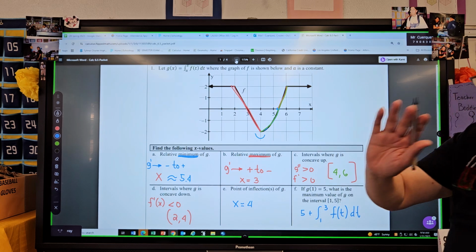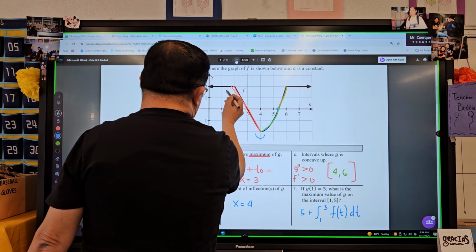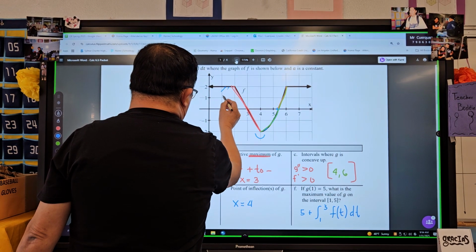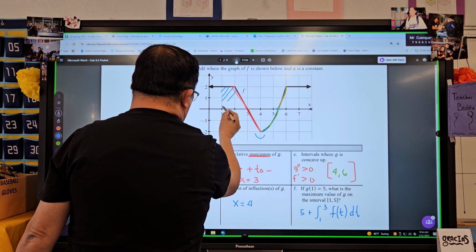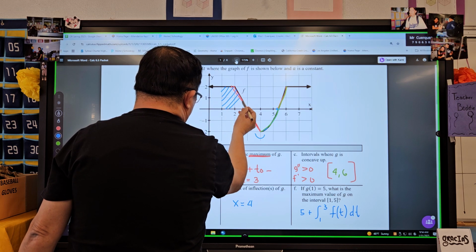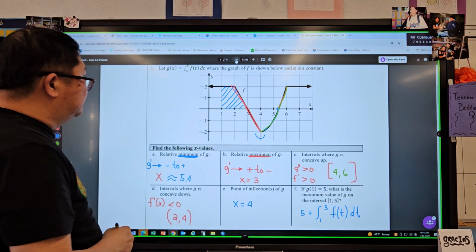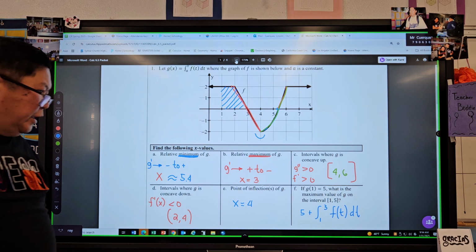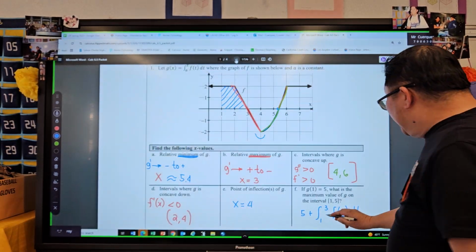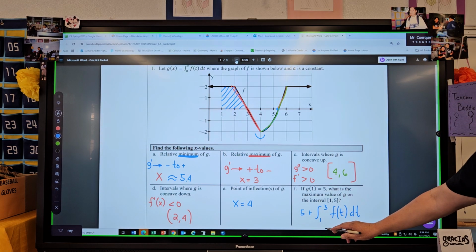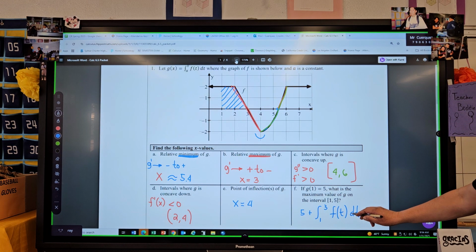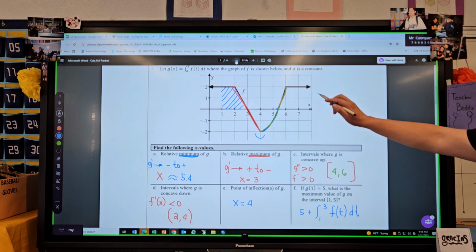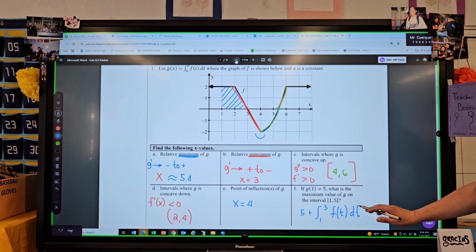Look on the area from the interval 1 to 3. What is the area? Approximately 3. Very good. Okay, this means the integral from 1 to 3, there are 3 squares, right? Or 3 units. Do you get me?